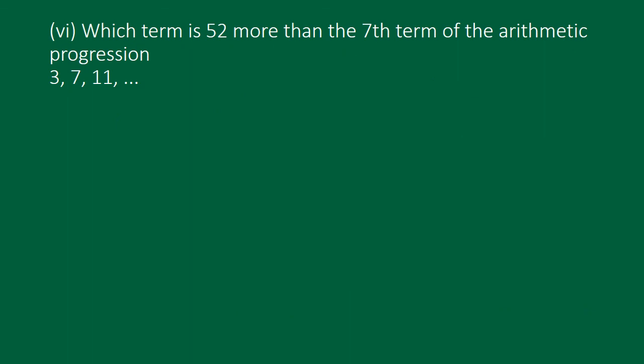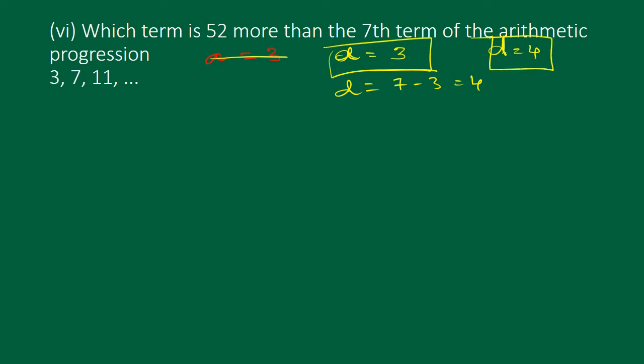Here you have to find out which term is 52 more than the 7th term of the arithmetic progression. So here you have a is 3, d is 7 minus 3, that is 4. a is 3, d is 4, and which term is more than the 7th term?